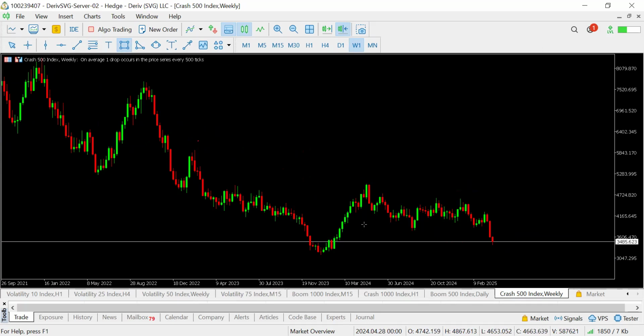Because the range has become prominent, we can now try to map out where it broke out from. So this was our range. The market broke out from this place. So what structure can we work with here?